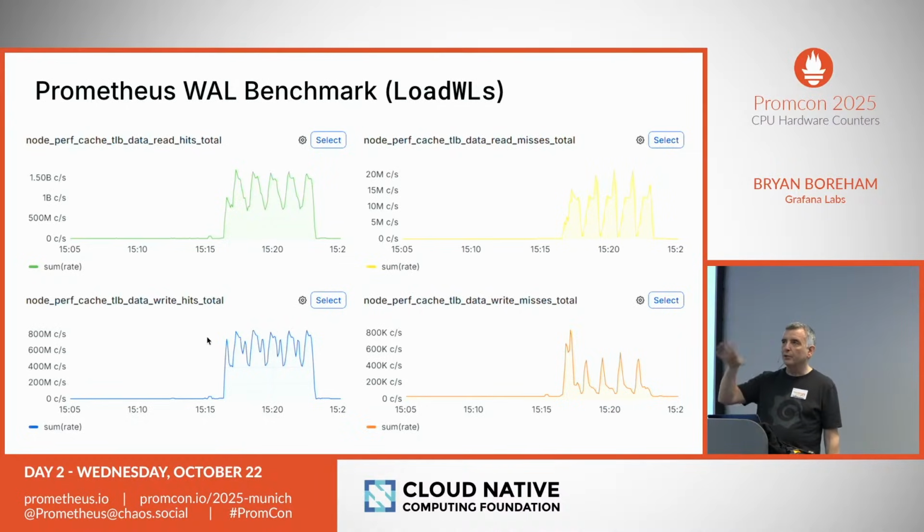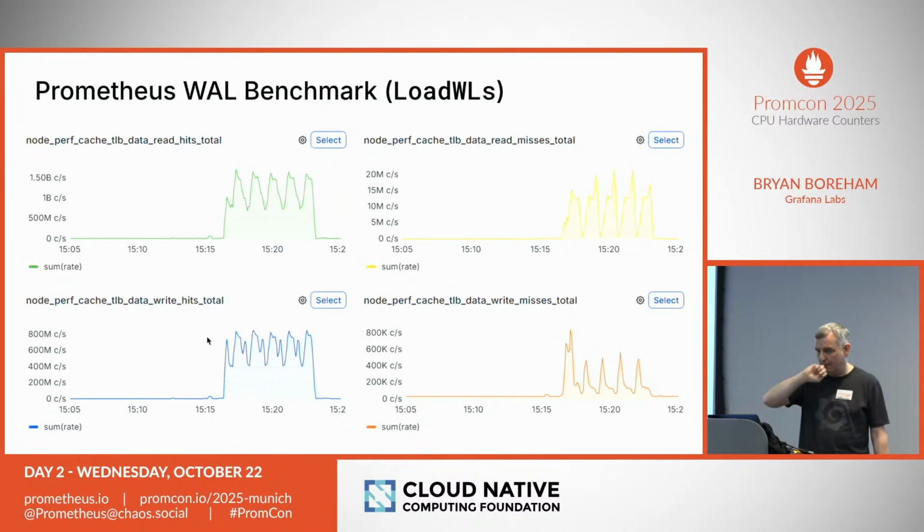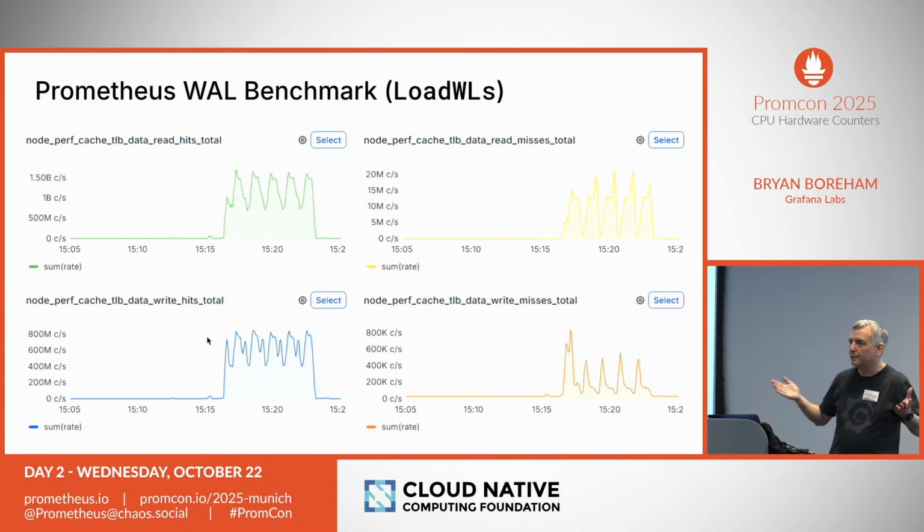And what I'm doing here is running a Prometheus benchmark loading the WAL, the write-ahead log. So this is basically startup of Prometheus. In this particular benchmark, I'm loading about 8 gigabytes of data, so way bigger than 6 megabytes.